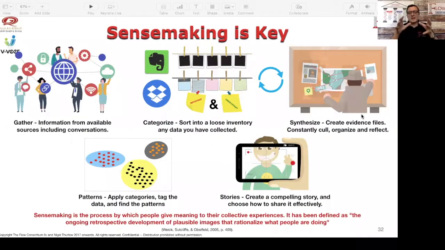One of the techniques is called Sensemaking. I'm not going to read all this to you. You'll get the handouts. But the essential thing is we have new ways of detecting the patterns in the data. Big data is great, but what we actually need is useful data. And there are techniques to actually survey your customers, your collaborators, your partners, even do mass sensing in large populations, and actually detect patterns which allow us to make sense of what we're seeing so we make better decisions.